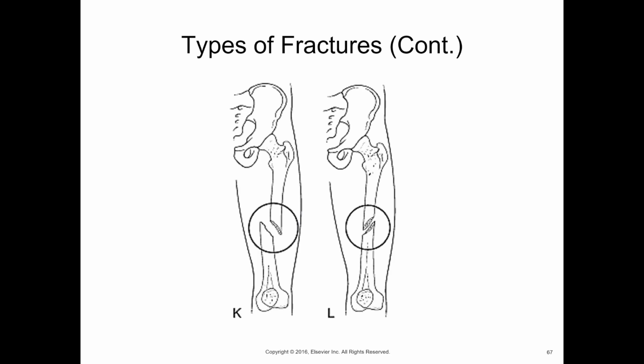Here we have a displaced fracture. So we have the idea that the fracture fragment has actually angulated laterally. So you will always refer to fractures based on their distal portion.